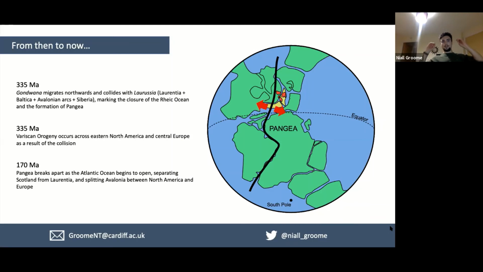These are over double that, so they're very rare, and they give us a really good insight into the processes between oceanic and continental crust, which we don't really see recorded in the geological record that often. And it's very important in this situation, as I mentioned, because it's one of only 2 occurrences that we know of across the whole margin of Gondwana where we can actually observe this.